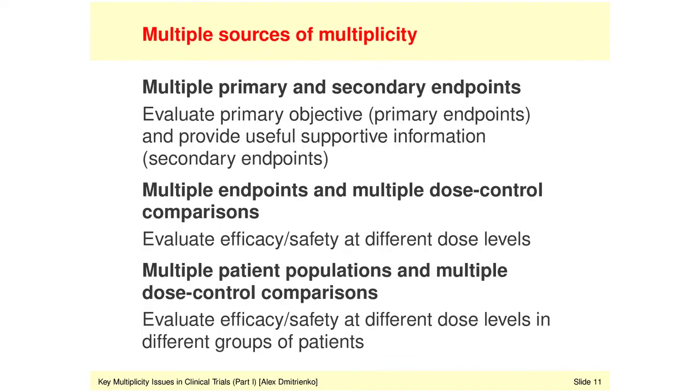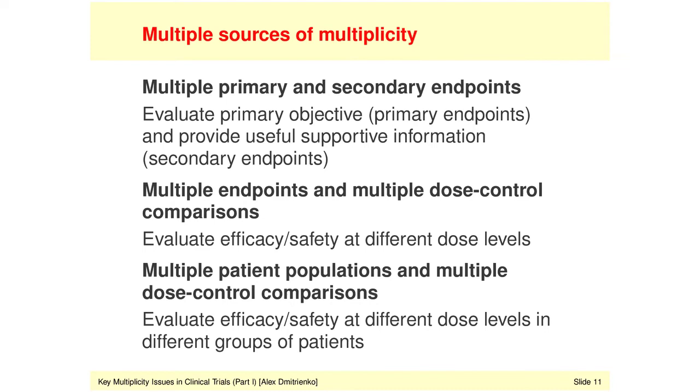Now, to give a few examples of the advanced multiplicity problems that will be discussed in the follow-up course, Part 2, clinical trials with multiple sources of multiplicity are becoming increasingly common in Phase 3 development. Sponsors include more objectives in Phase 3 trial protocols to enrich product labels, to provide more relevant information to physicians, patients, and to other parties.